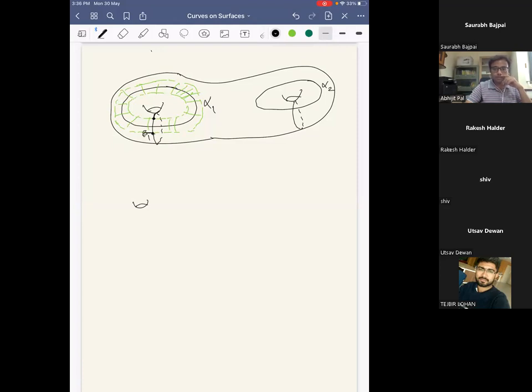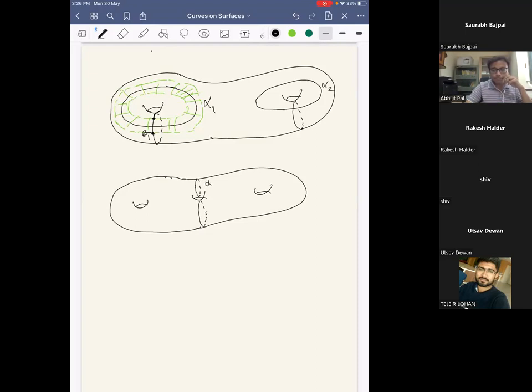Let me say one more situation. Suppose I have something like this, then it is positive. These are called bounding pairs of maps.